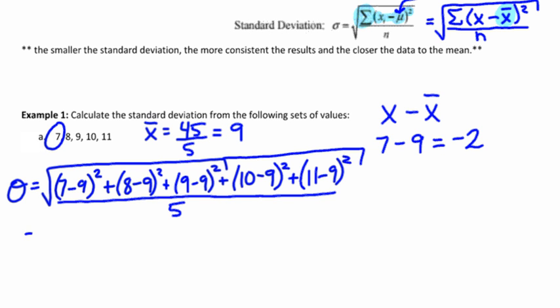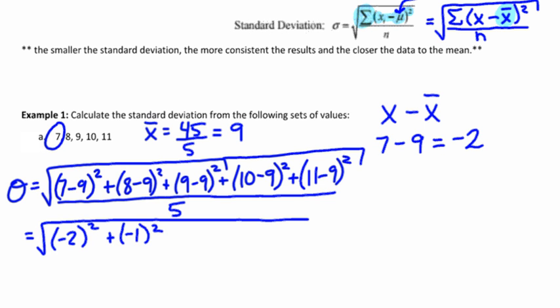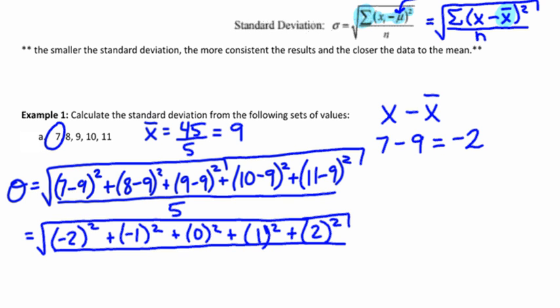To simplify, 7 minus 9 is -2 squared, plus -1 squared, plus 0 squared, plus 1 squared, plus 2 squared, all divided by 5.